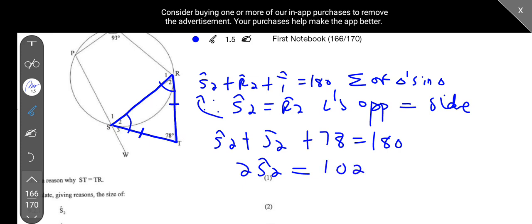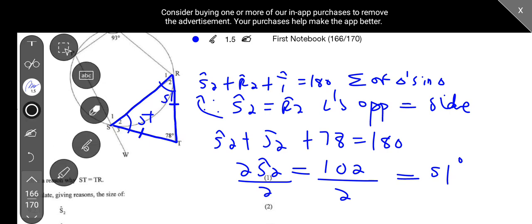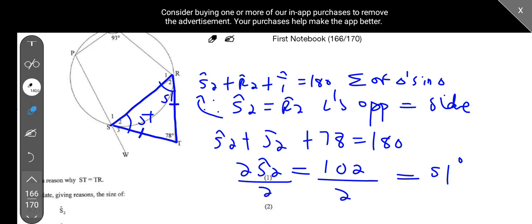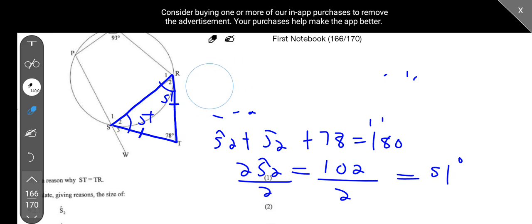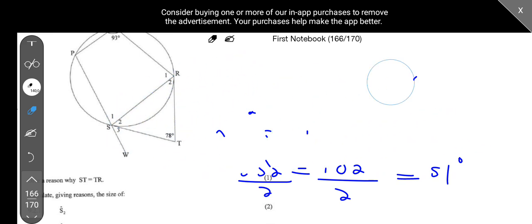Since we're looking for S2 and not 2S2, we can divide both sides by 2. And you can see that our answer will be 51 degrees. And this will be the answer for S2. Suppose they wanted R2 as well, it's also 51. Why? Because the two angles which are opposite equal sides are equal in magnitude, right?